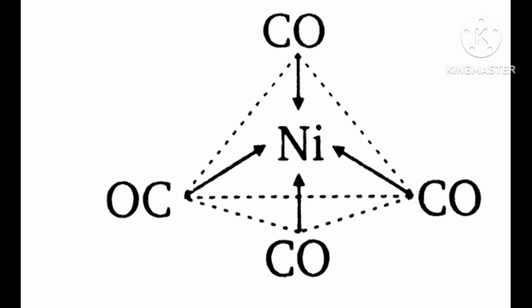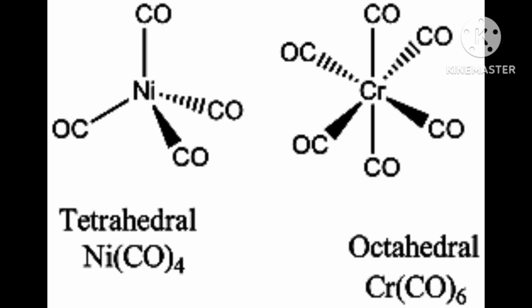Then electrons from filled d orbitals of metal into the vacant anti-bonding orbitals of carbon monoxide, and it will form the pi bond. The metal to ligand bonding creates a synergic effect.